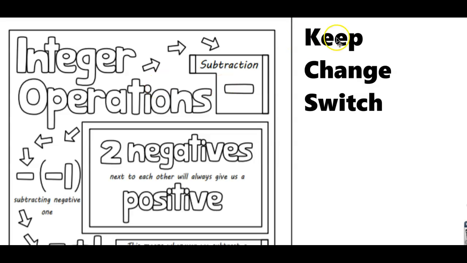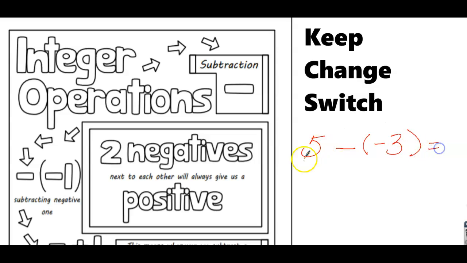And the way we do that is we keep the first number the same, we change subtract to add, and we switch the sign of the second number. So a brief example of that. Let's say I gave you 5 minus negative 3.